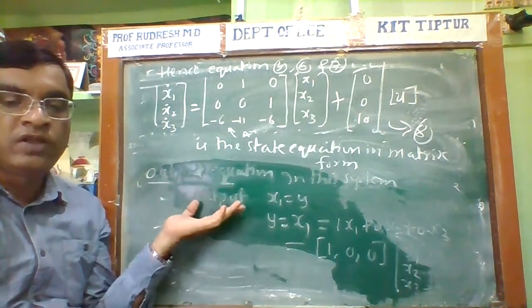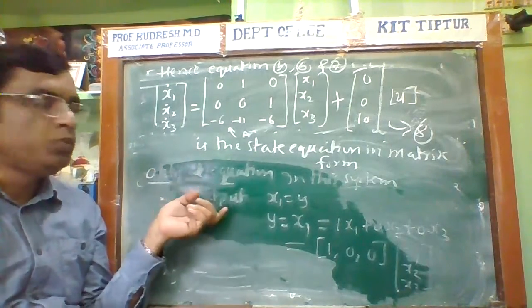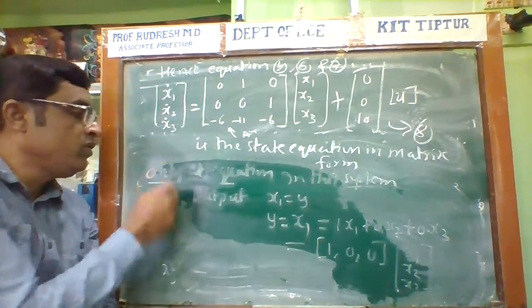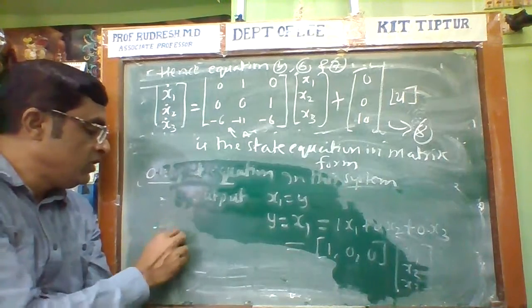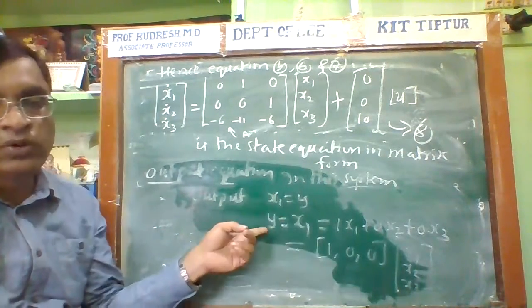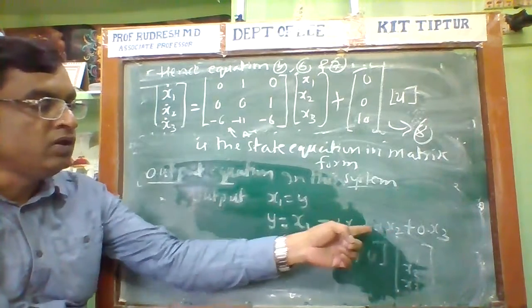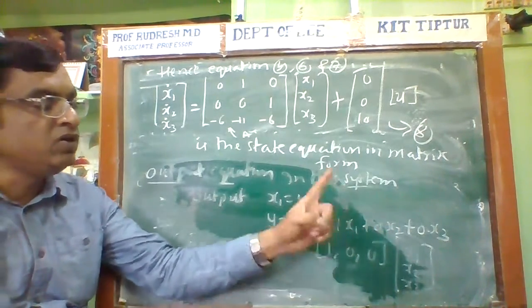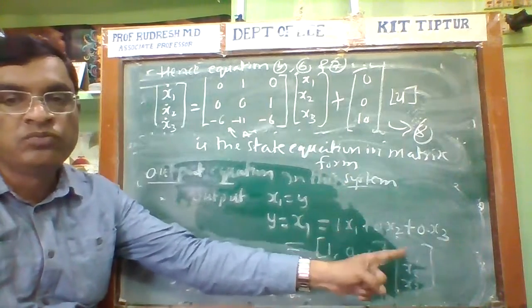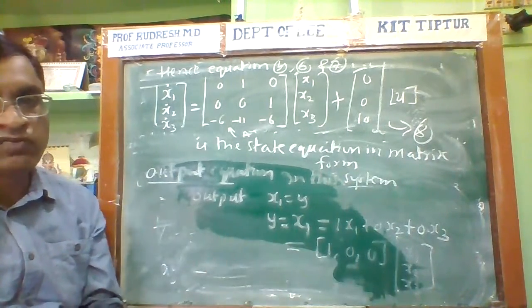The state model is the vector form of the state equation and the output equation. For the output equation we need to derive y of t is equal to Cx plus Du. I have assumed y is equal to x1, therefore x1 is present and the other two variables are absent. So this can be written as 1 into x1 plus 0 into x2 plus 0 into x3, and we can write it in matrix form.